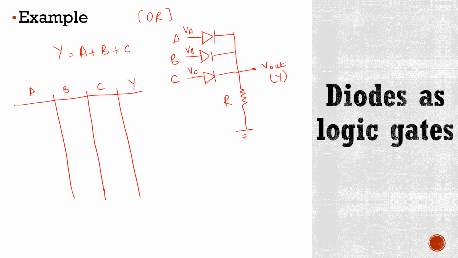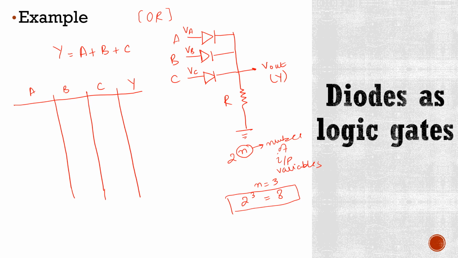We'll use this formula 2 raised to the power n, where n is the number of input variables. Here n is 3, so it will be 2 raised to the power 3, which is 8. It means there will be 8 combinations of inputs in this example.